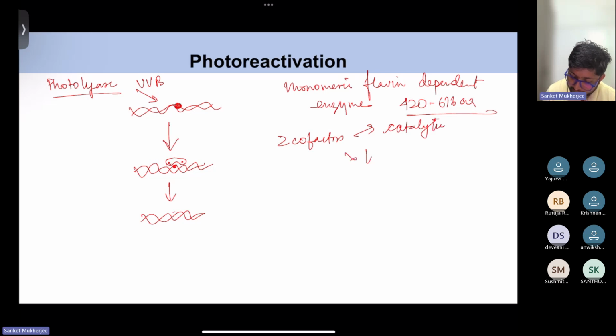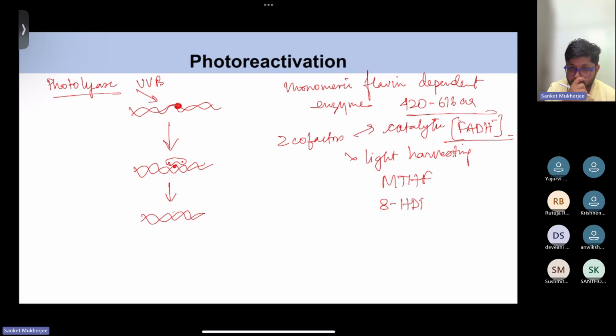Another one is the light harvesting cofactor. The catalytic cofactor is reduced FADH, which is an electron donor. And the light harvesting cofactors are MTHF, or 5,10 methenyl tetrahydrofolate, and 8-HDF.